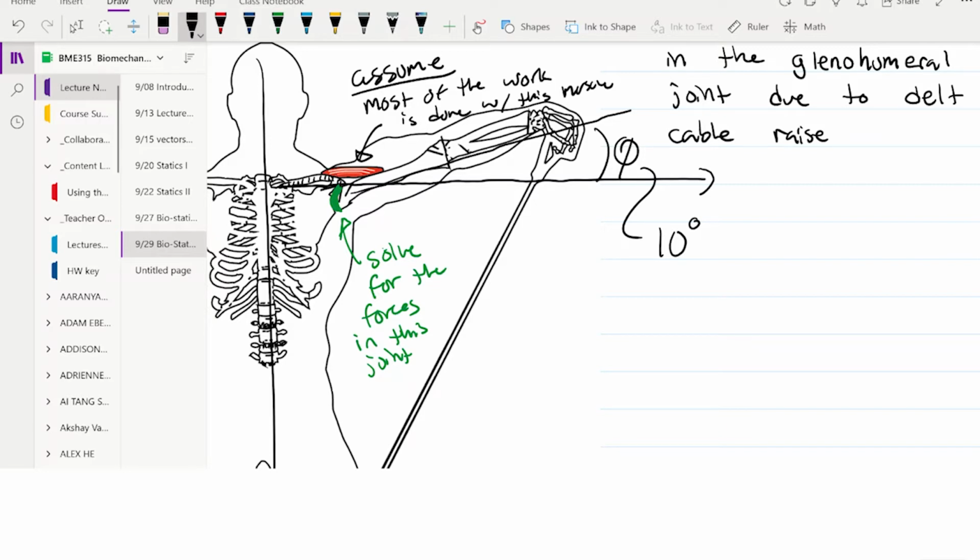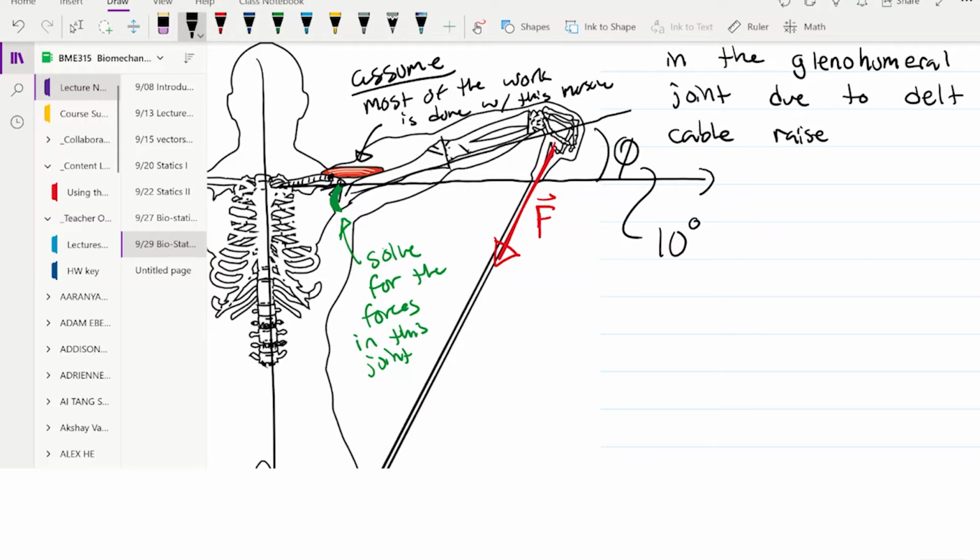Probably not. The delt does insert on it, so there is some force chain there, but the weight is coming from the hand. Get some force vector. Let's say that the magnitude of the force is known. We looked at the weight pulley system and said, oh, that was 50 pounds or something like that, whatever.